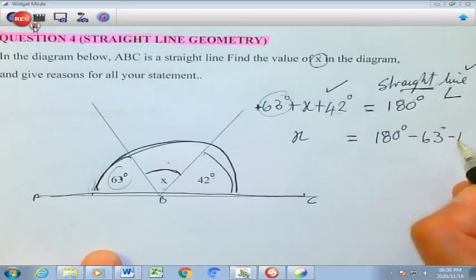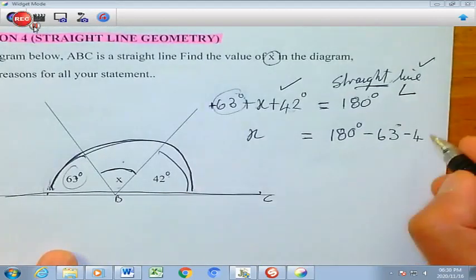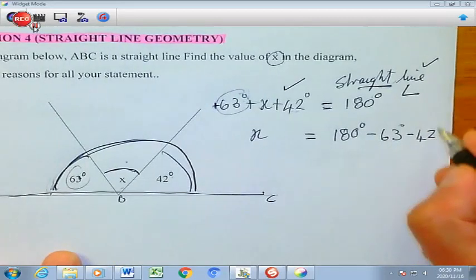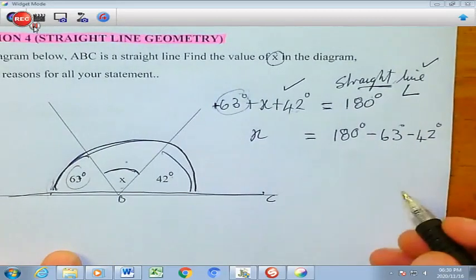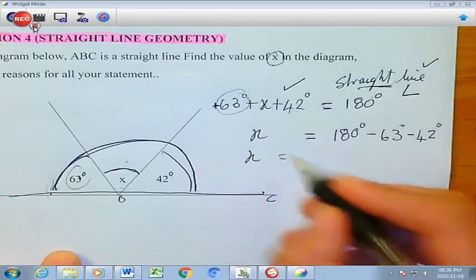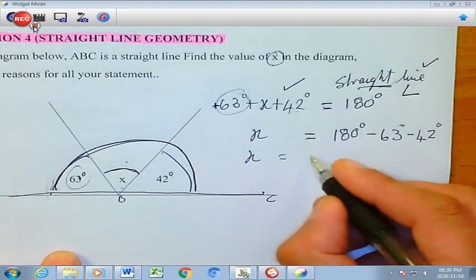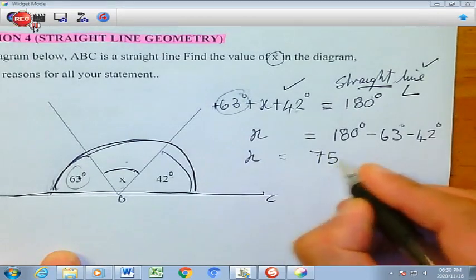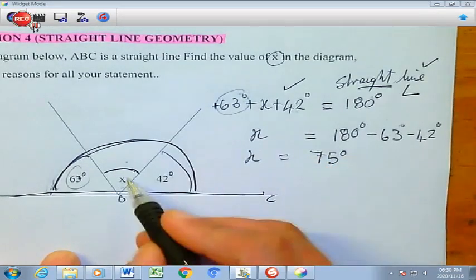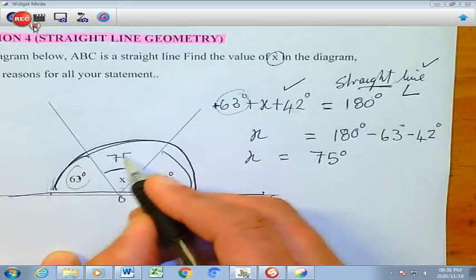It becomes negative 42 degrees. Alright, now I can simplify. I'm going to write x down equals 180 degrees, then minus 63 degrees. Right? That gives you 117 minus 42 degrees. And that's going to give you an amount of 75 degrees. So x here is basically 75 degrees.